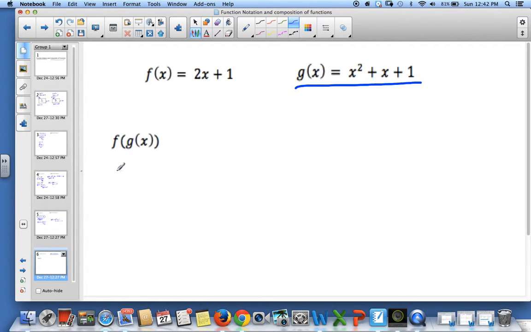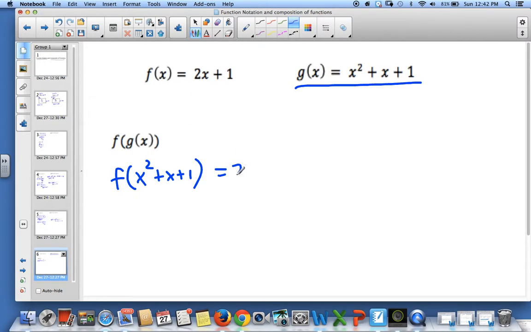So what I'm going to do is say f of x squared plus x plus 1. And that's really what it is, because this g of x is the same thing as x squared plus x plus 1, because equals means the same thing as. So this means I take every x and replace it with x squared plus x plus 1.